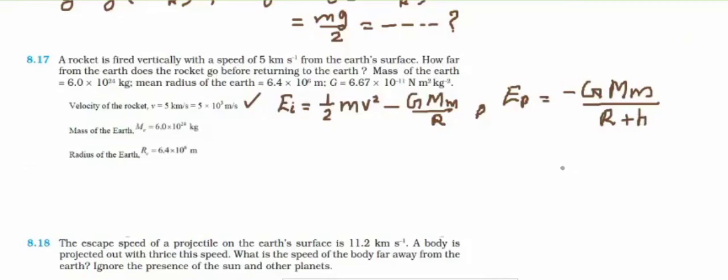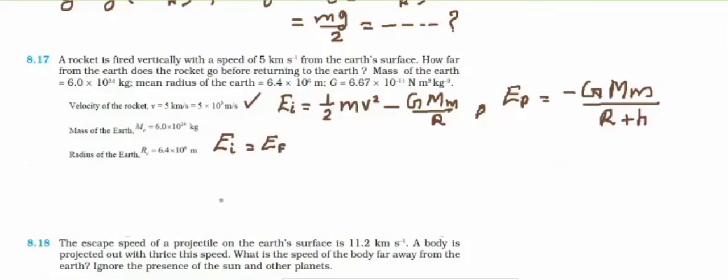Now, apply the law of conservation of energy. EI is equal to EF. Total initial energy is equal to total final energy.